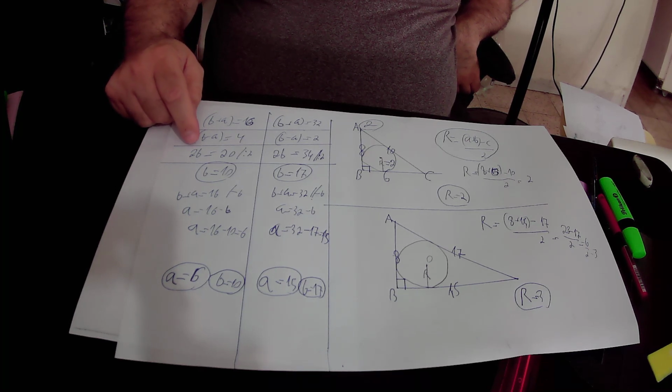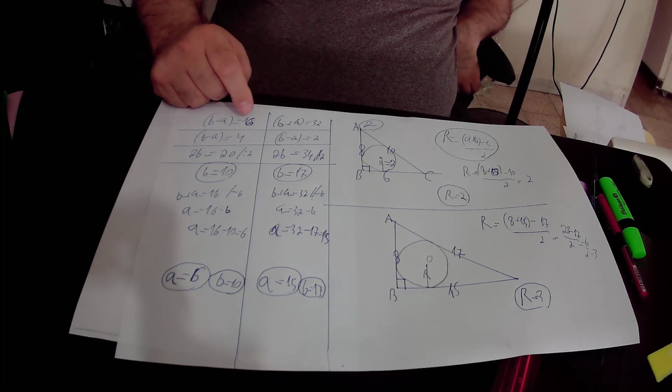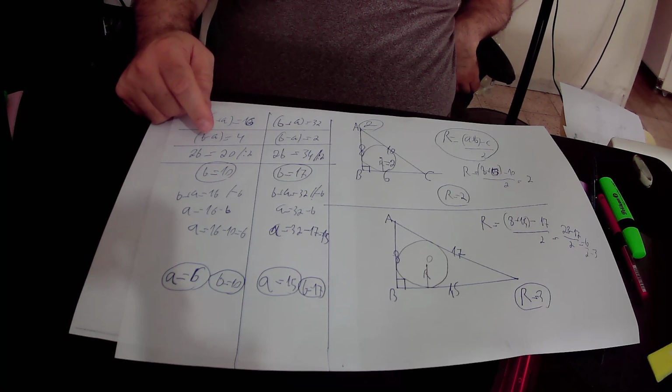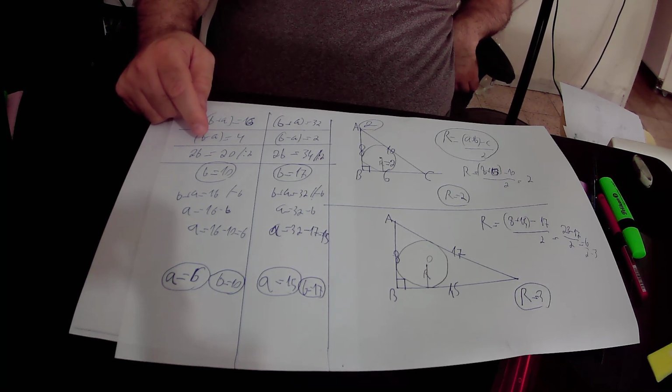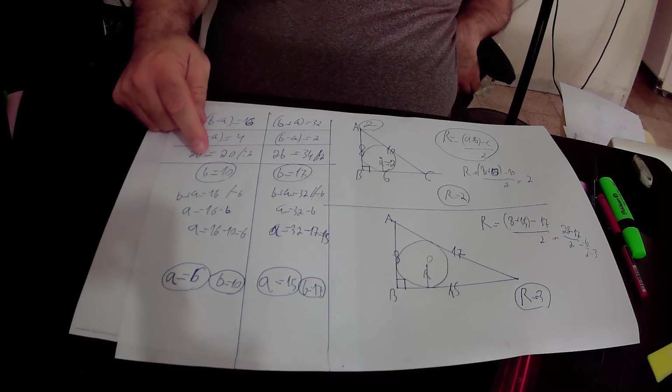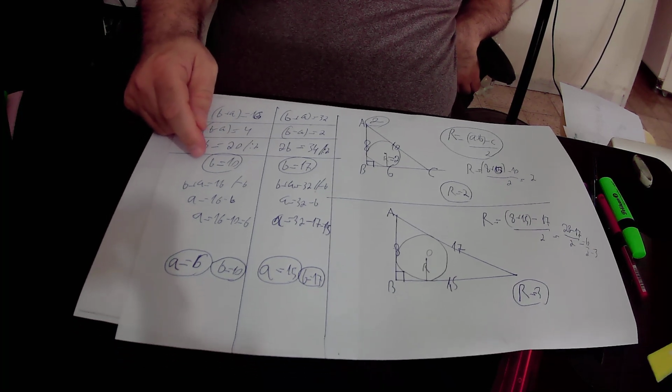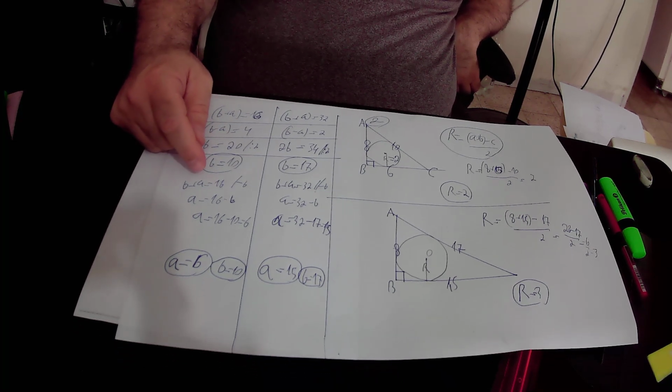So on this side we have 2b, and 16 plus 4 is 20, so 2b equals 20. We divided by 2 and found that the hypotenuse b equals 10 units, and then found the value of a. According to the equation b plus a equals 16, we subtracted b and found that a equals 16 minus b.